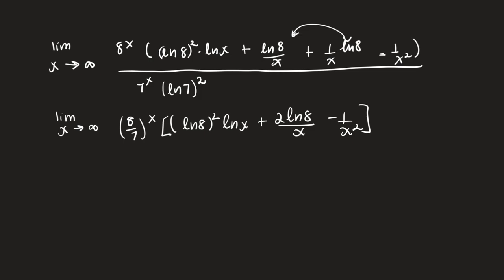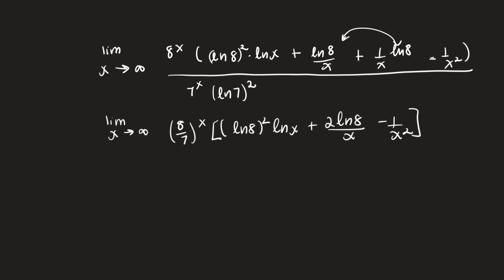And since that's a constant, I think I'll just write that ln of 7 squared that's in the denominator as 1 over ln of 7 squared.